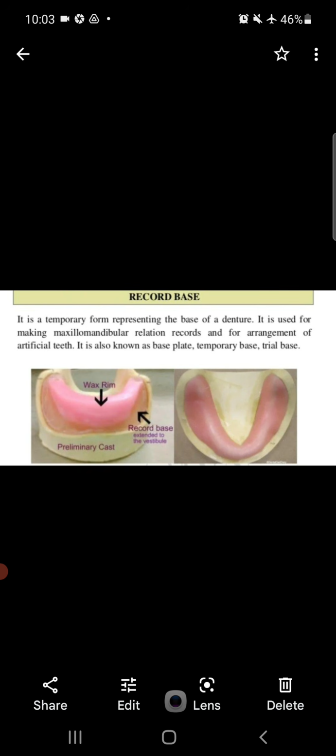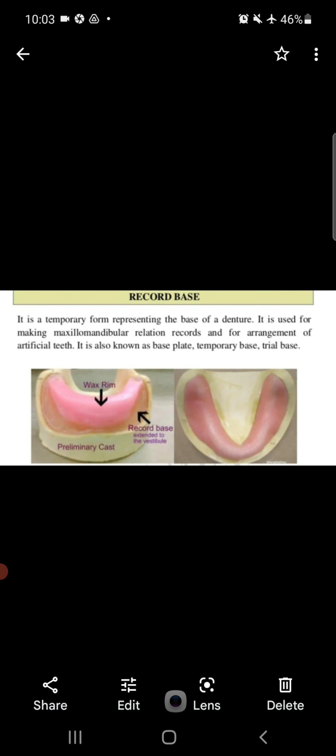Now what is a record base? It is a temporary form representing the base of a denture. It is used for making maxillomandibular relation records and for arrangement of artificial teeth. It is also known as base plate, temporary base or trial base.